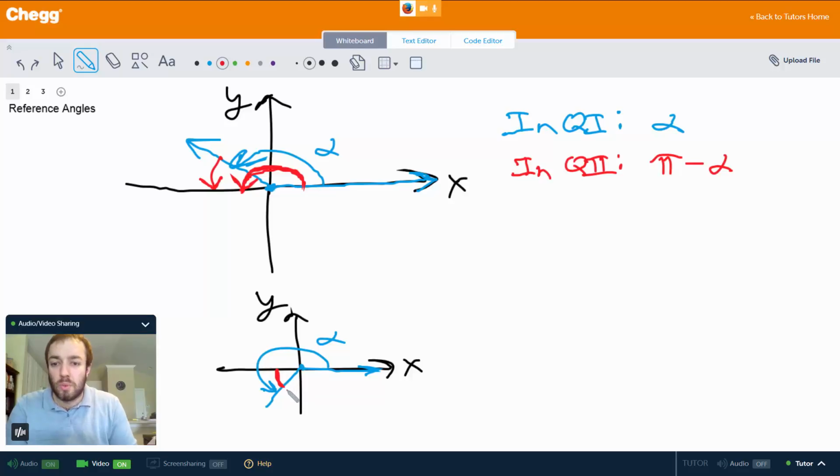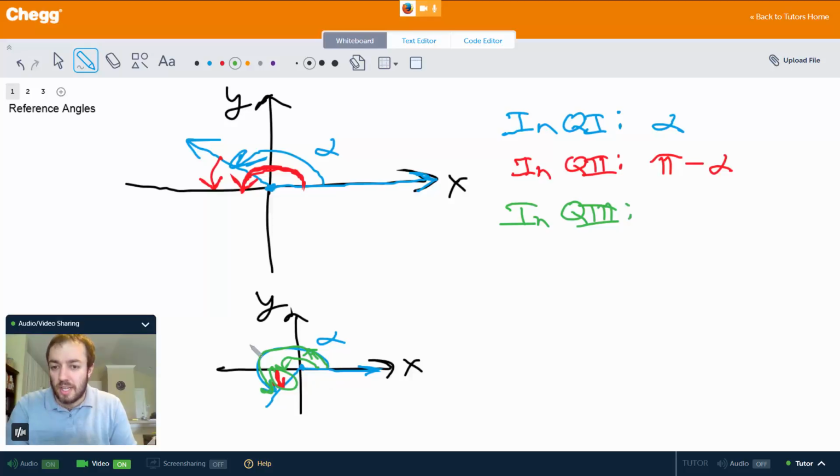Okay, so what is that angle? Well, if this whole thing is alpha, and this piece right here is pi, then how do we get this piece here? It's going to be pretty similar to the reference angle in quadrant 2, but just switched. So in quadrant 3, we're going to take the entire angle alpha, subtract off just this piece, which is pi, and then we're going to be left with this piece.